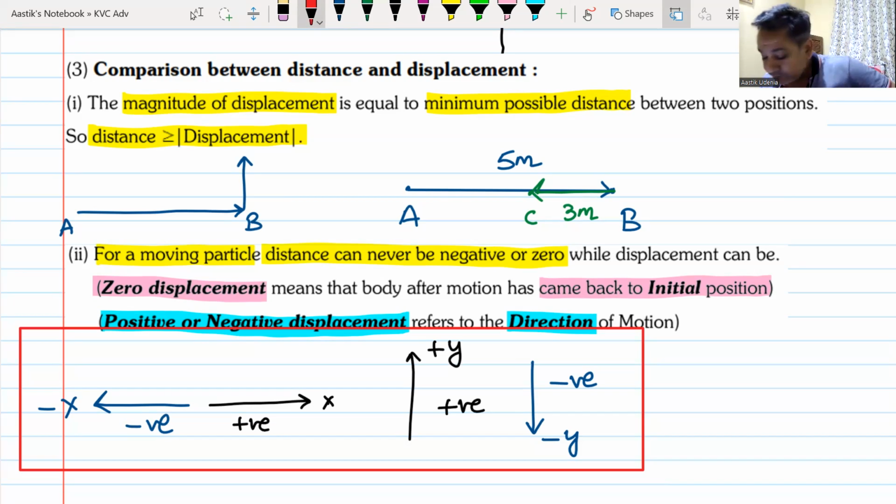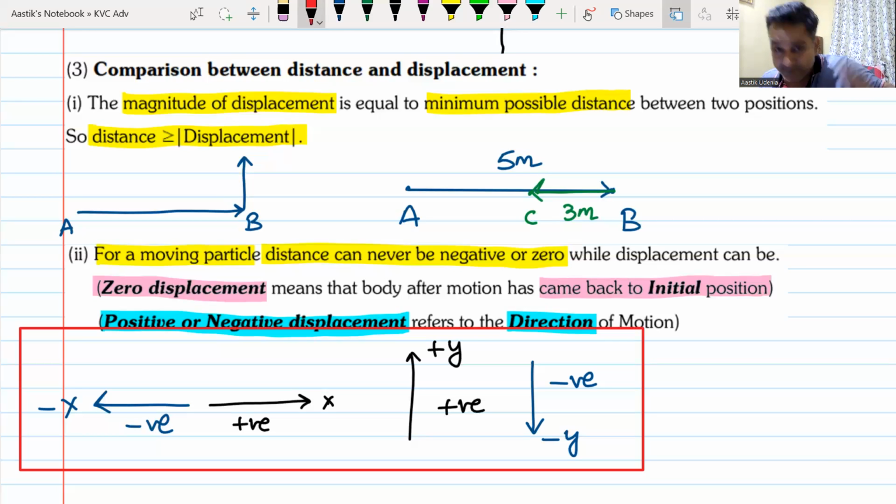For me, any vector along positive x, I will treat it as positive. Any vector along negative x, I will treat it as negative. Any vector which is directed upwards is positive. Any vector which is directed downwards will be negative. For example, acceleration due to gravity is going to come. Motion in gravity is always vertically downwards. Yes or no? Yes, sir.